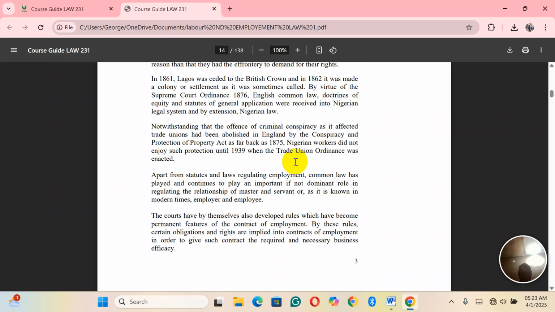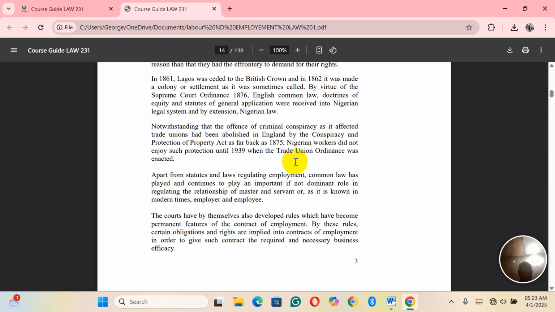So apart from the statutes and laws regulating employment, common law has also played, and continues to play, an important, if not dominant, role in regulating the relationship of master and servant, or as it is known in modern times, employer and employee.